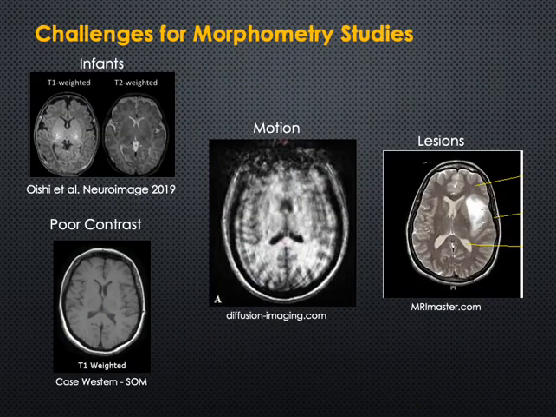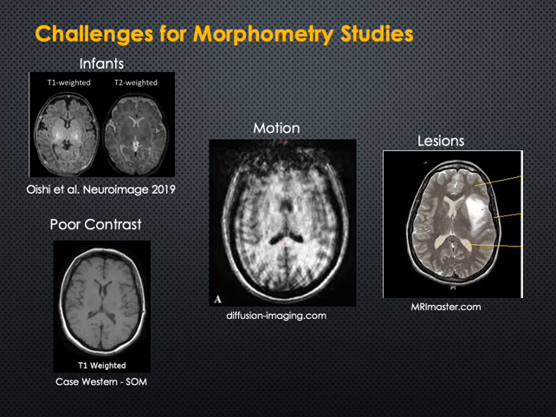Some of the predominant challenges associated with morphometry studies include poor image contrast. So for example, in infants, the contrast between gray matter and white matter is quite poor. And that's because the brain is not fully myelinated yet. And myelin is one of the primary mechanisms for contrast in structural images.